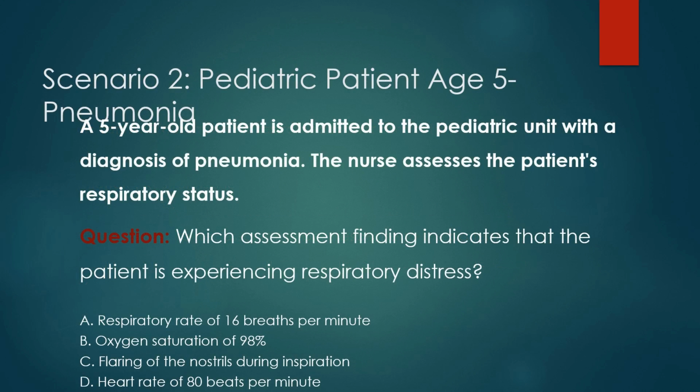Scenario 2, we have a pediatric patient, age 5, with pneumonia. The question is, which assessment findings indicate that the patient is experiencing respiratory distress? Take a moment to look over those answers.